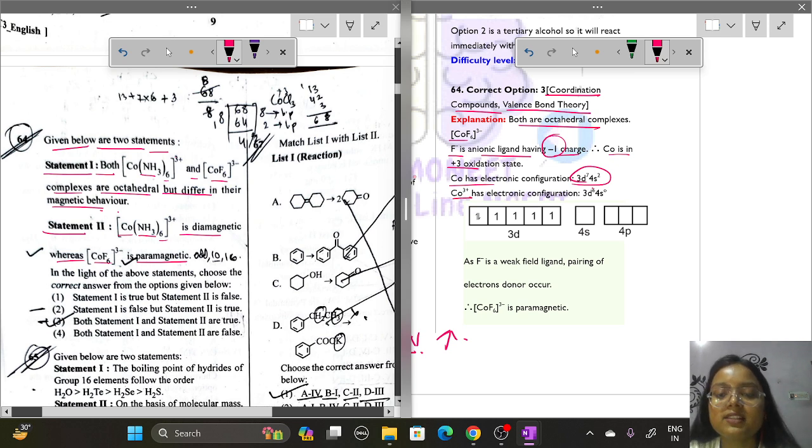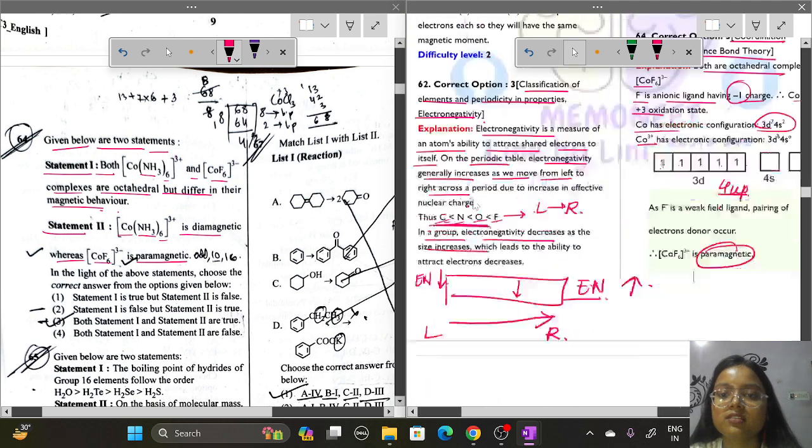Now for Co3+, it will have 6 electrons in the d orbital, and 4 of them are unpaired. Fluorine is a weak ligand and pairing of electrons does not occur, so [CoF6]3- is paramagnetic in nature because it has 4 unpaired electrons.